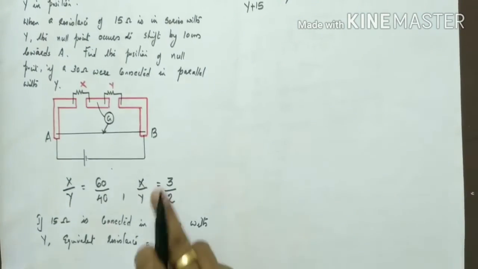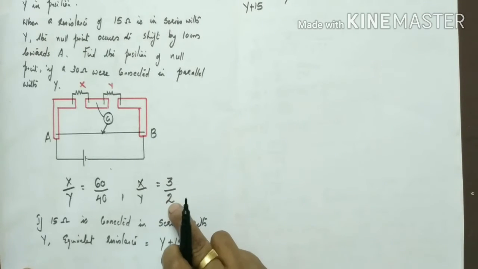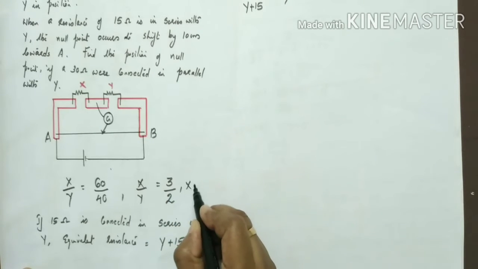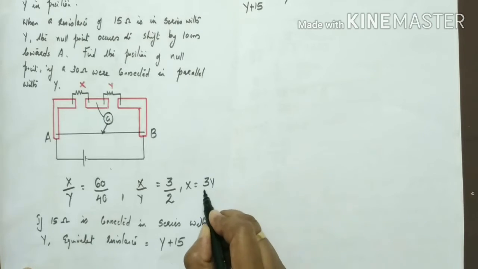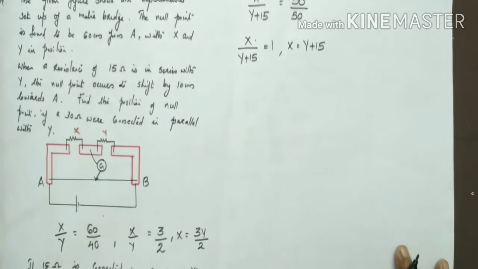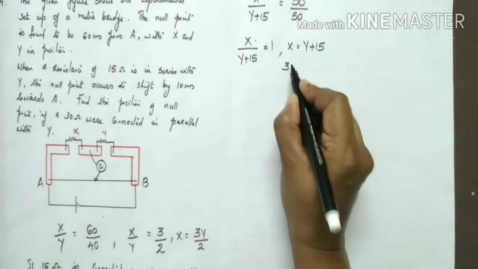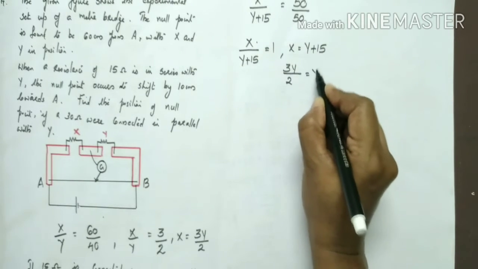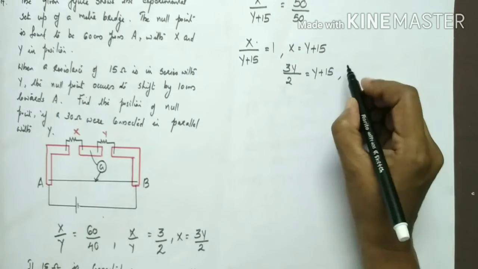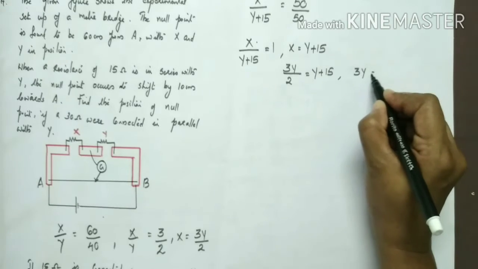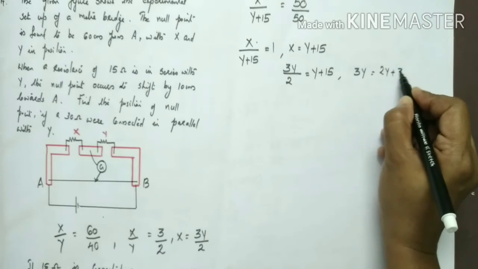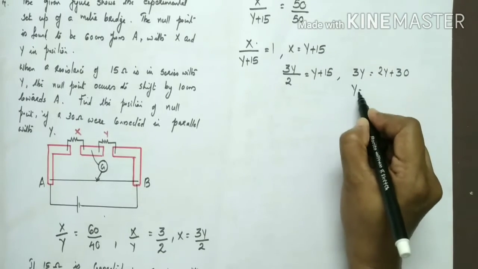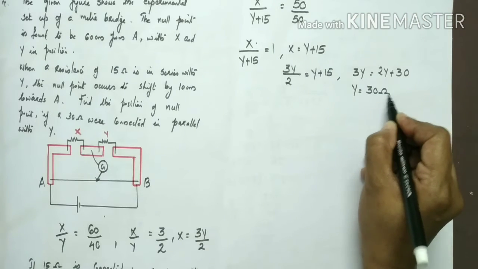Now from this equation X can be written as 3Y by 2, no? So here we can write X is equal to 3Y divided by 2. Substituting, X is equal to 3Y by 2 is equal to Y plus 15, or we can write 3Y is equal to 2Y plus 30, or Y is equal to 30 ohm.